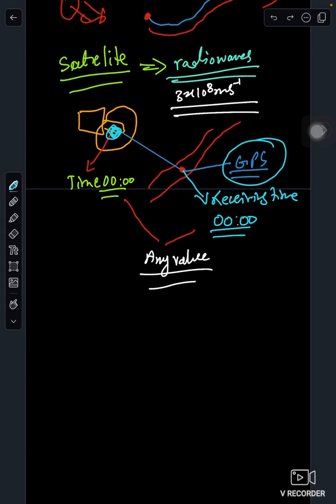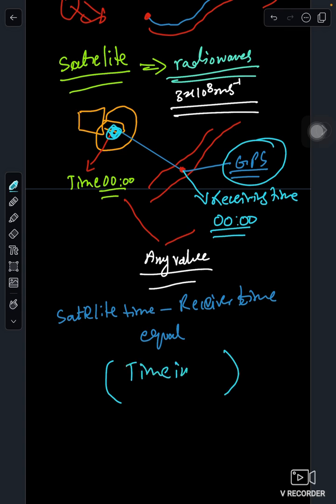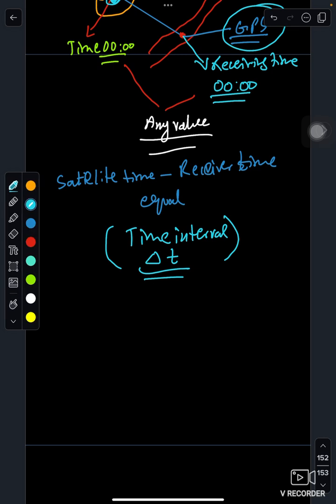If we subtract them, receiver time minus satellite time equals the time interval. So now we have the time.